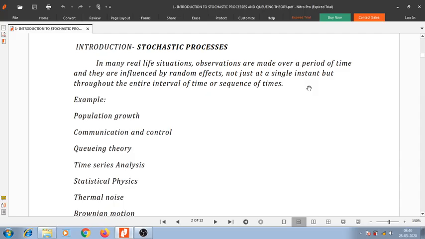One example: the activities of a particular person from 9 a.m. to 12 noon, where he is moving, what he is doing, and what activities are completed, either positively or negatively. Everything we discuss with respect to time is nothing but a stochastic model, right?